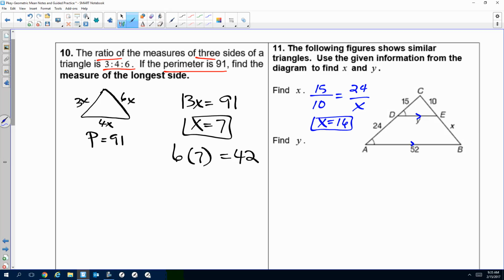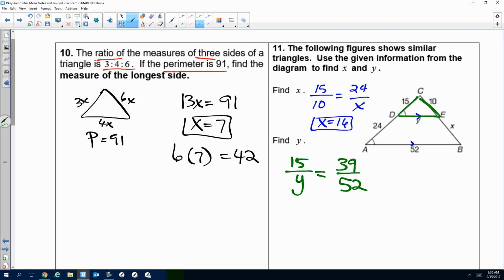All right, now what about y? Because y is the parallel side. So how are we going to set the proportion up for that? Okay, so I'm going to do 15 is to y, so we're going to the small. 15 is to y as 39, yep, is to 52.